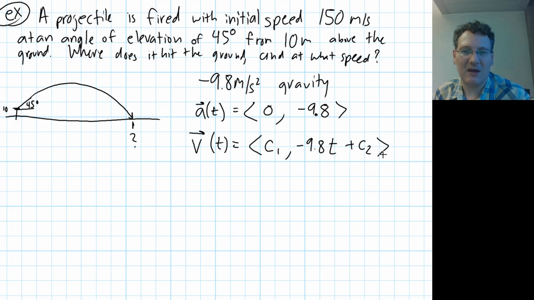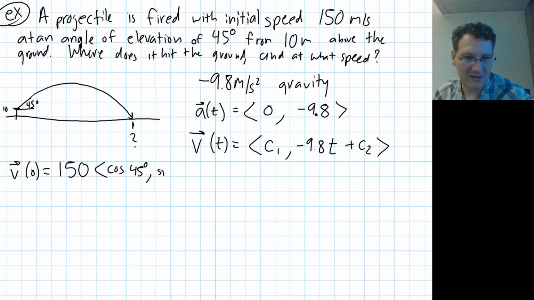Now the thing is, my initial velocity I can actually get as the speed times cosine of 45 degrees, comma, the sine of 45 degrees. So we can actually write this.